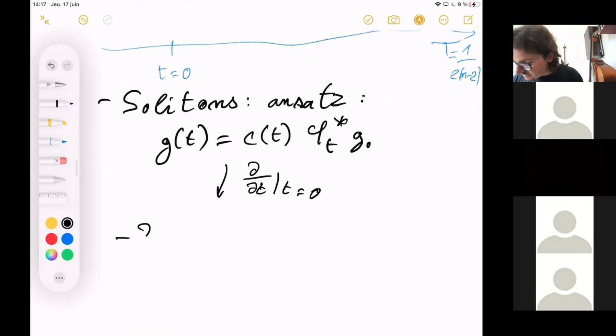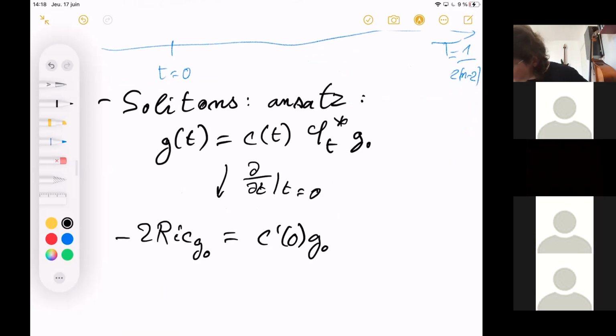On the left you get twice the Ricci, if this is a Ricci flow, and here you get c prime of 0, so you differentiate the product and put t equals 0, plus the Lie derivative along some vector field, which is tangent to this family of diffeomorphisms at t equals 0.